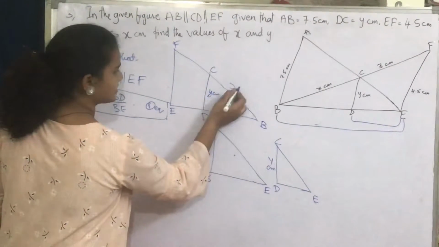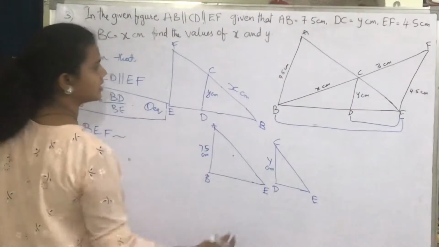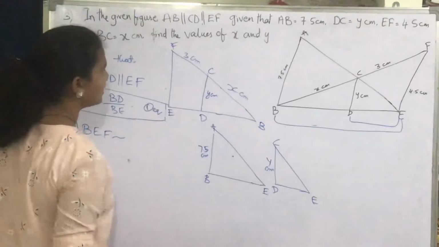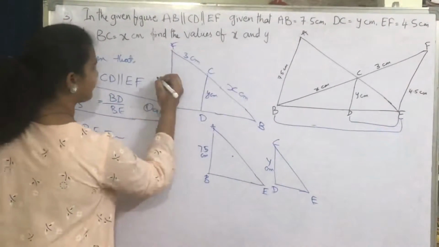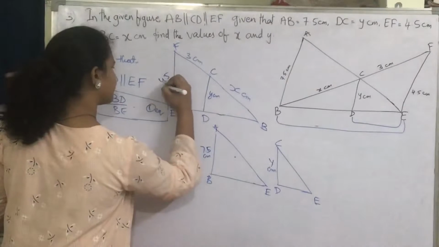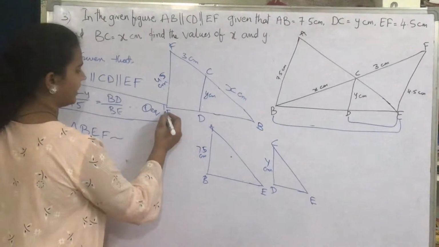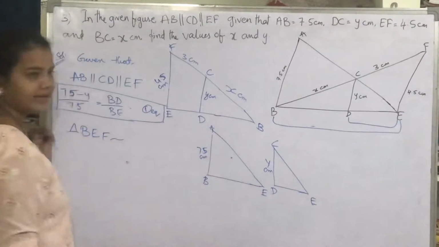X centimeters. And CF equals 3 centimeters, FE or EF equals 4.5 centimeters. And BD and DE haven't any value. Let this stay like this.